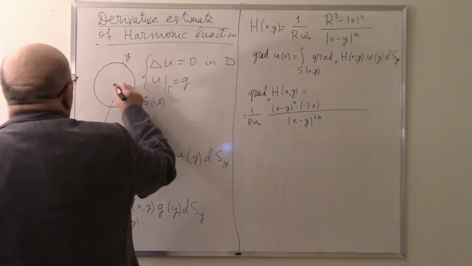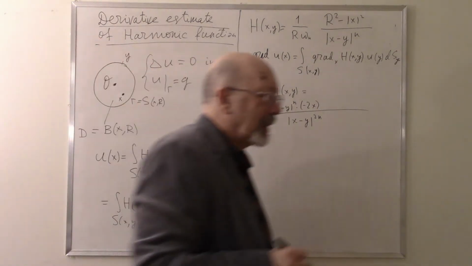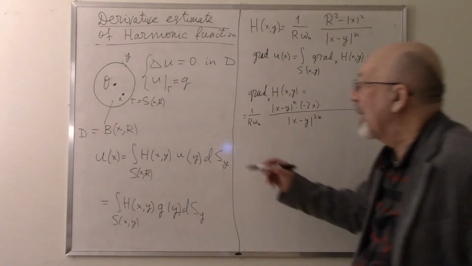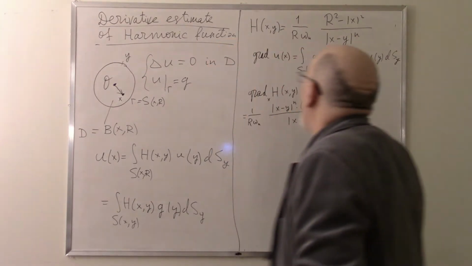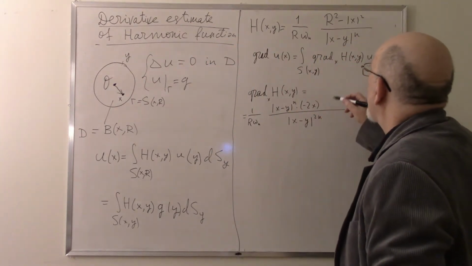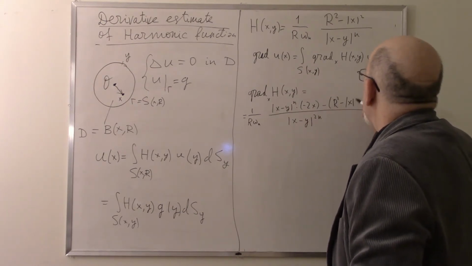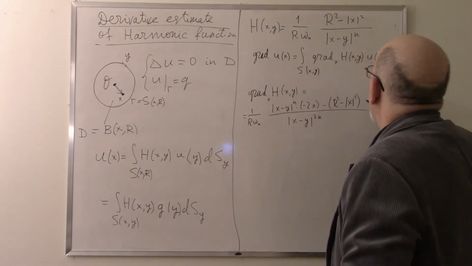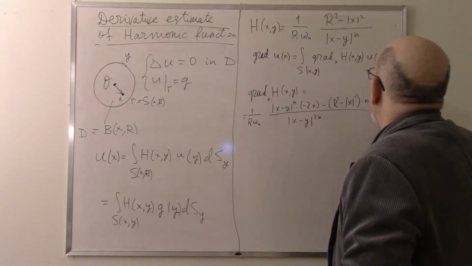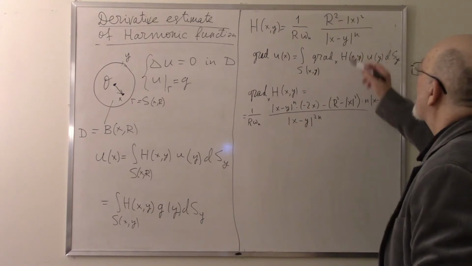Let me put here the point O. It is the origin, so that x is identified with the vector from O to x. So it is first minus, then r square minus module x square times the derivative of this: n module x minus y to the power n minus 1 times the gradient of module x minus y.